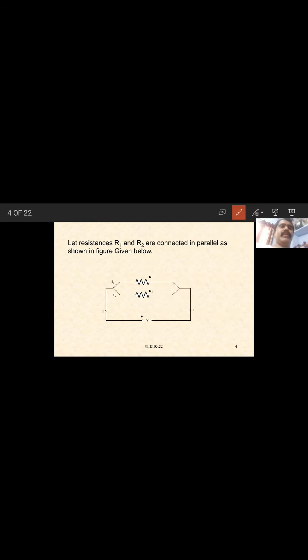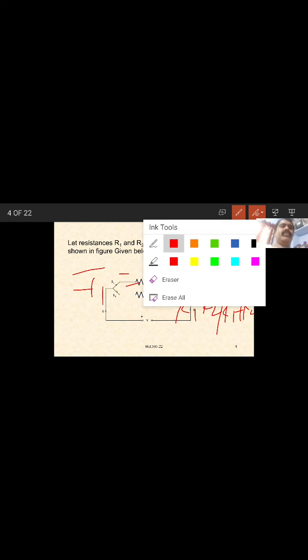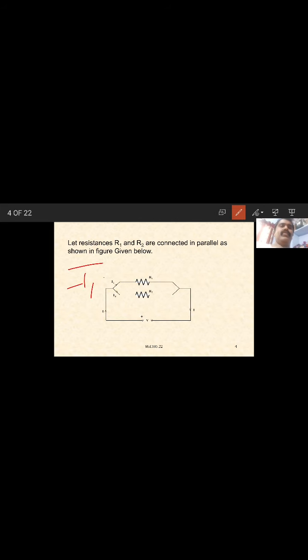So we get I1 is equal to I into R1 R2 divided by R1 plus R2, divided by R1. That is I1 equals I into R1 into R1 plus R2 divided by R1 R2... so R1 gets cancelled.